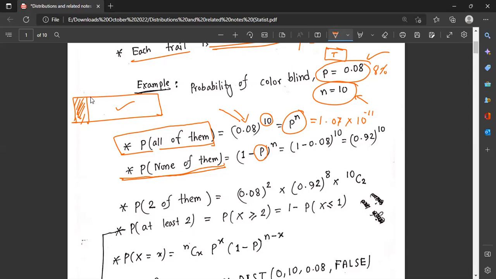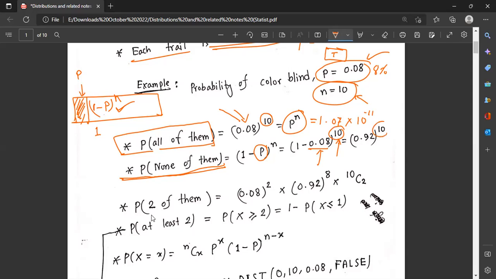If the whole probability is 1, then this white part will be 1 minus the colorblind part, which is P, right? So it will be 1 minus P. So the probability that none of them are colorblind is (1 minus P) to the power n. Here P is 0.08, so 1 minus the probability of being colorblind: (1 minus 0.08) to the power 10. 10 is the total number of people. So we get 0.92 to the power 10.